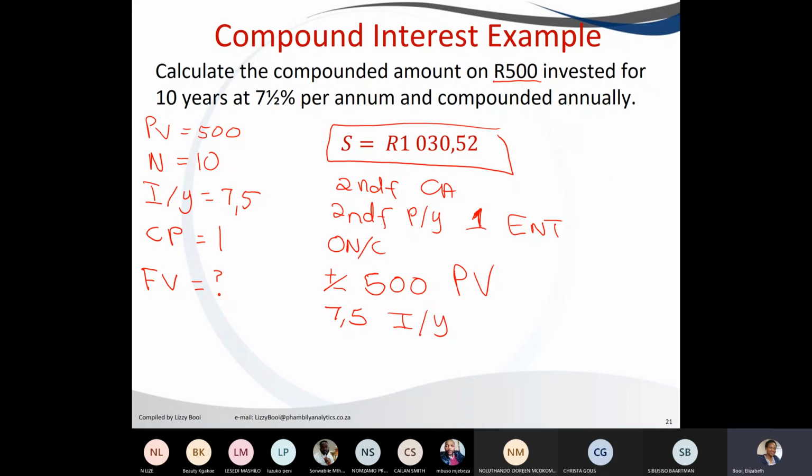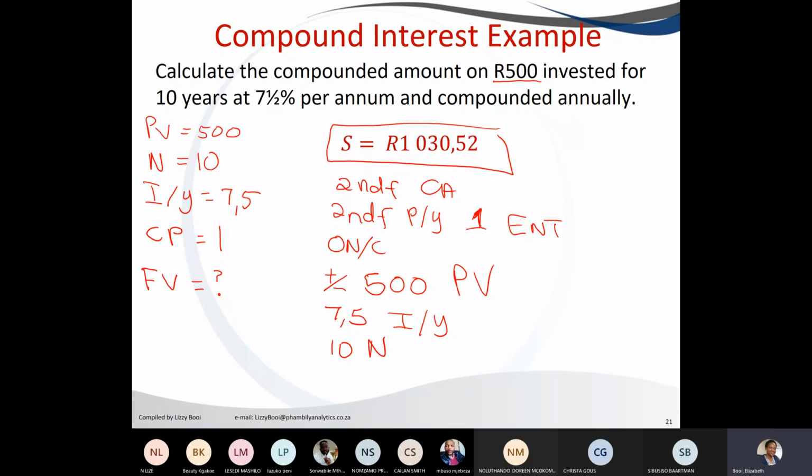You just store the value. So in this instance, it's compounded annually and the period is in years. It's 10 years. So I can say 10 and press N. It will still work because it's compounded annually. The compounding periods and the number of years are in the same unit. So you can do it this way.